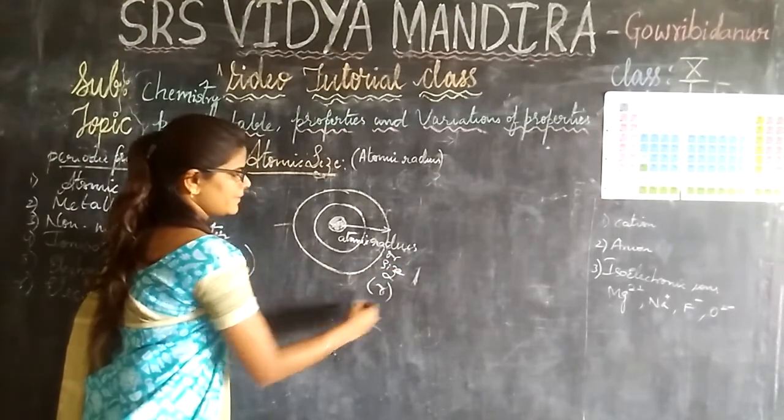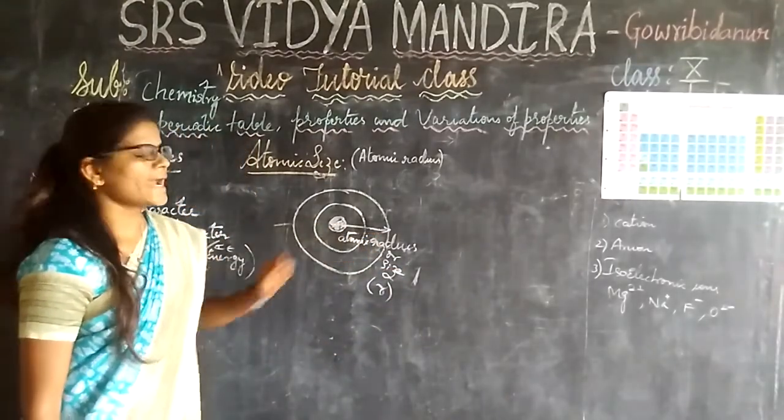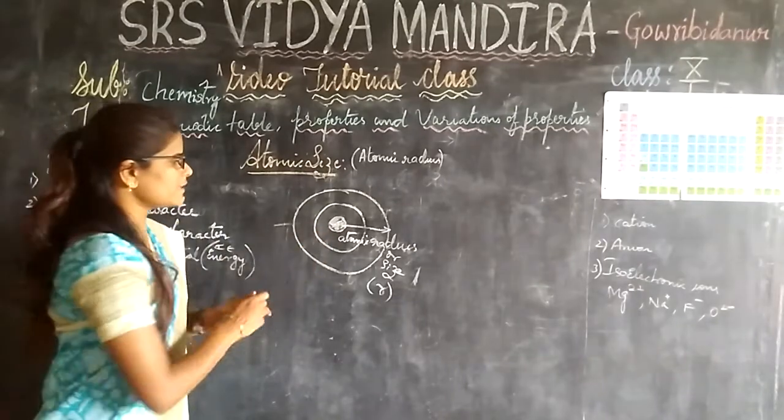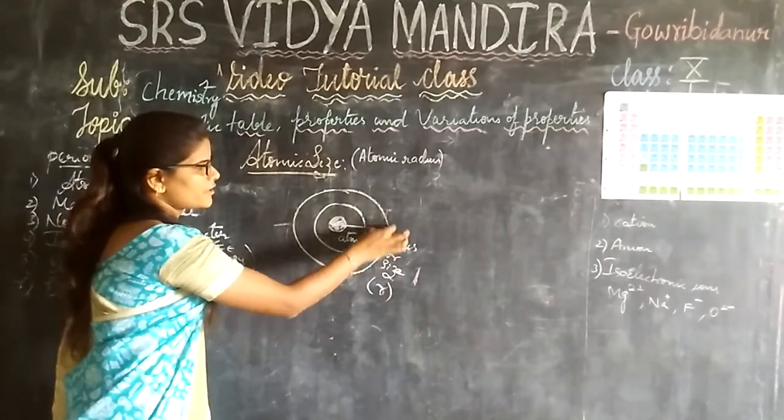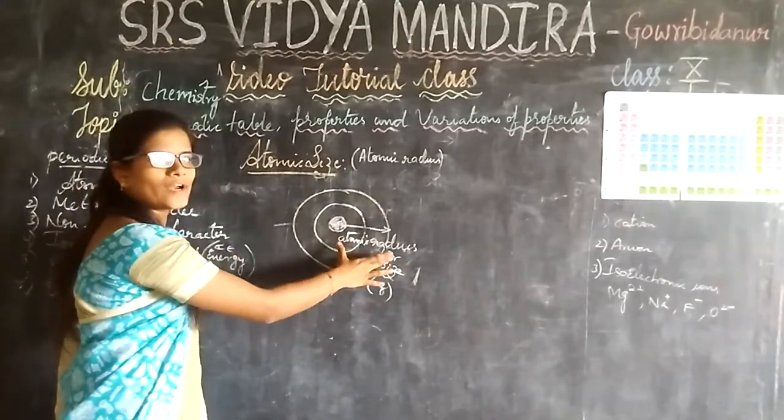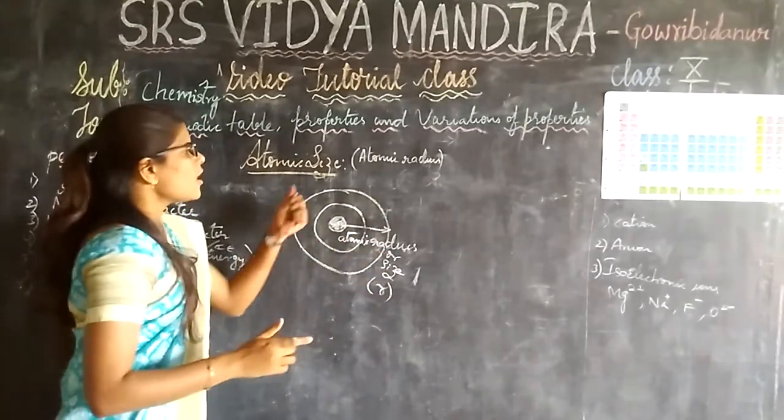It can be denoted by small r. Atomic size is nothing but the distance from the center of the nucleus to the outermost shell.